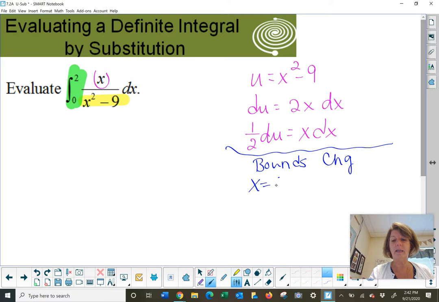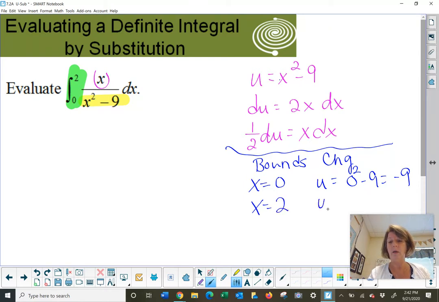When x is 0, u would be 0 squared minus 9. That'll take us to negative 9. When x is 2, u would be 2 squared minus 9. So 4 minus 9 gives me negative 5. Sweet.